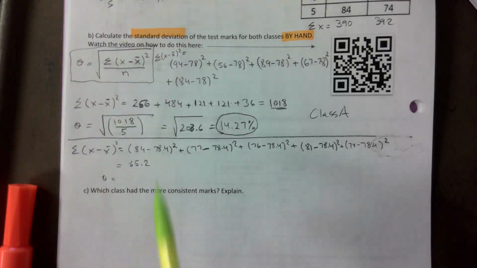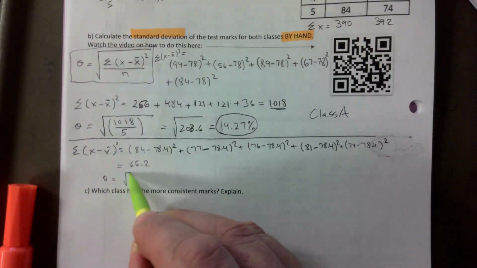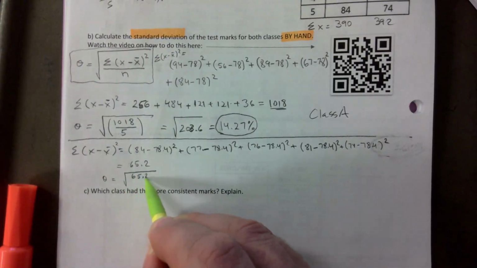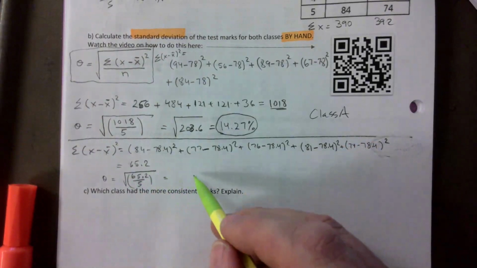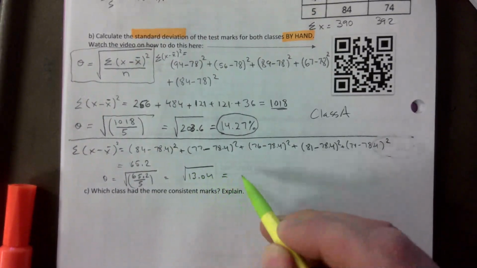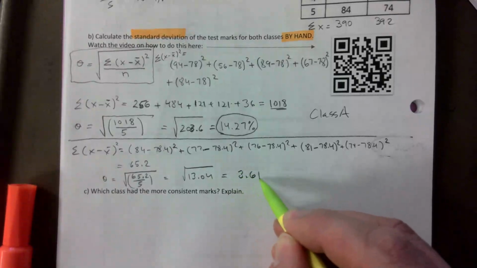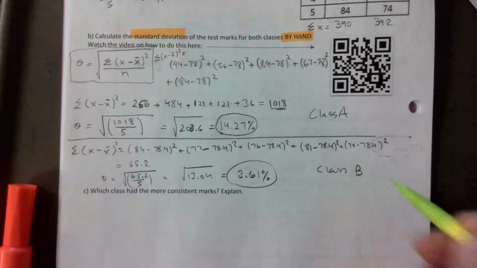Because of time, I'm not going to show you every single one. That's on you, right? So standard deviation is therefore 65.2 divided by 5, right? And that's the square root of 13.04, which is 3.61%, okay? So this is class B.